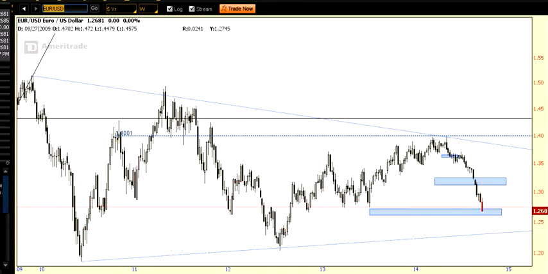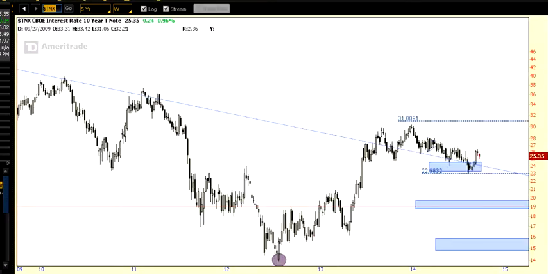So let's look at the 10-year bond market interest rate. The interesting thing here, we've been talking about this low, whether or not this is the low in the interest rate market, and what the significance of that could be.